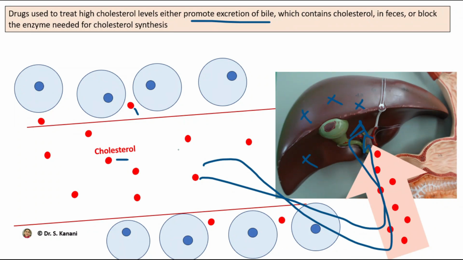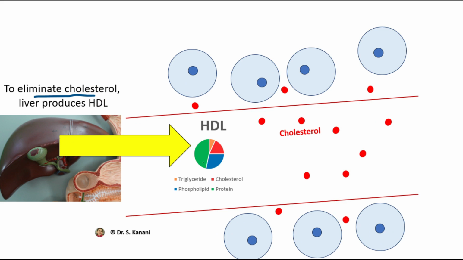In short, we have to collect the extra cholesterol from different parts of our body and send it back to the liver. And liver actually tries to help this process. It produces a lipoprotein that is called high density lipoprotein. The protein proportion in HDL is the highest among the 4 lipoproteins.